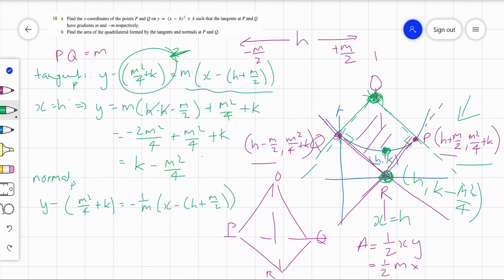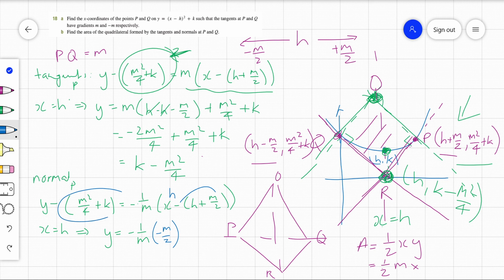And again, if I sub in x equals h, what do I get? I get y equals negative 1 on m. All right, I'm just going to do it in our heads here. So this is h minus h, so that cancels, and then we've got minus m on 2. So here we've got minus m on 2. So you can see the minuses are going to cancel, and the m is going to cancel, and we've just got a half.